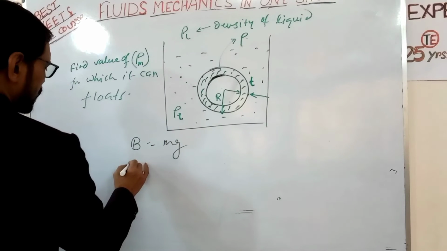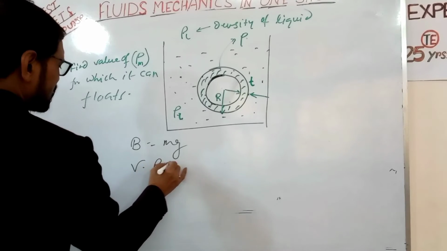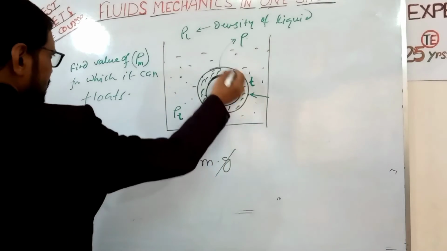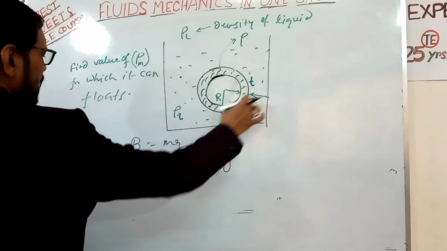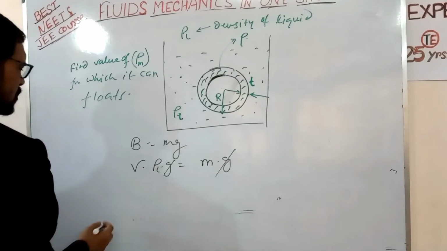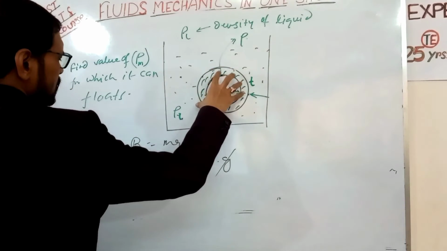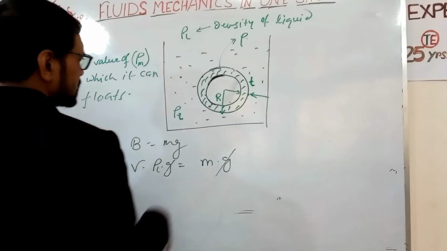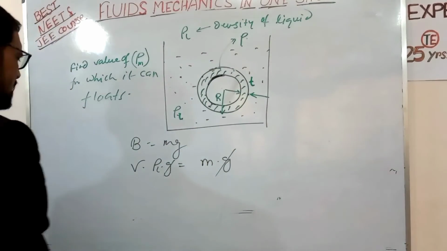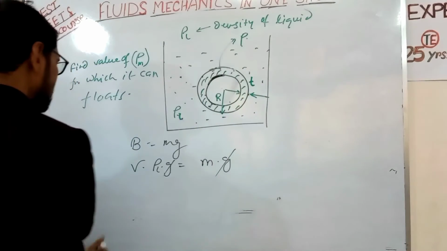Buoyancy force equals volume V into density of the liquid rho L, g, equal to mass, g cancels.